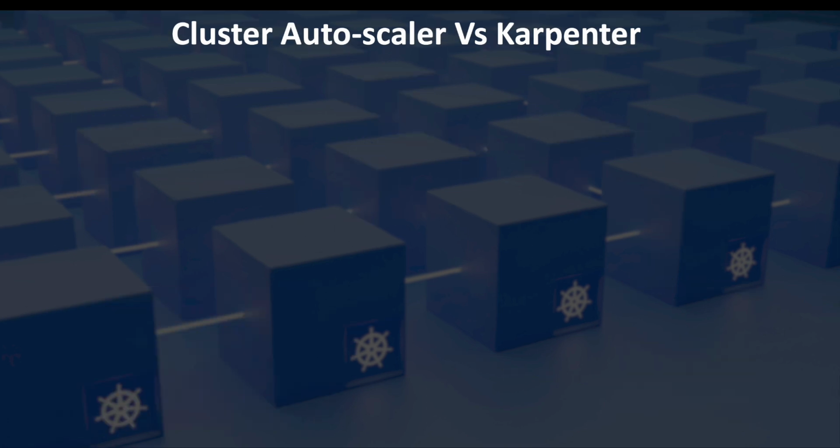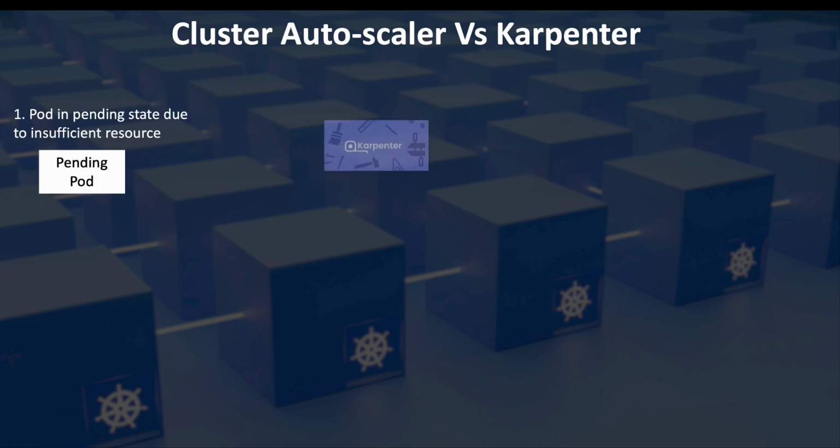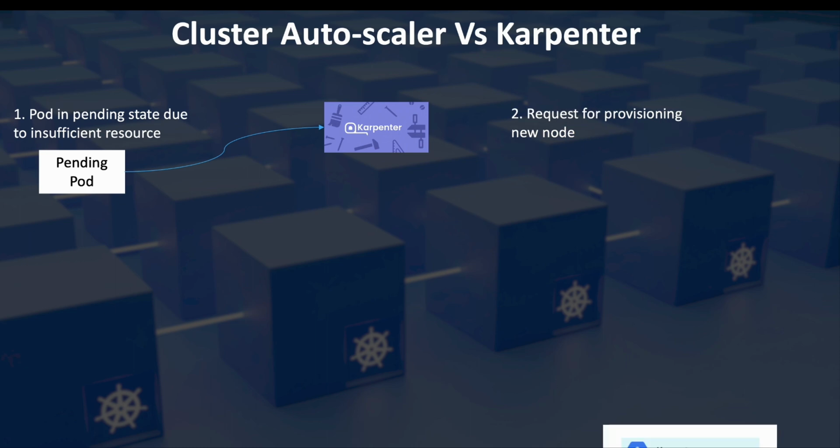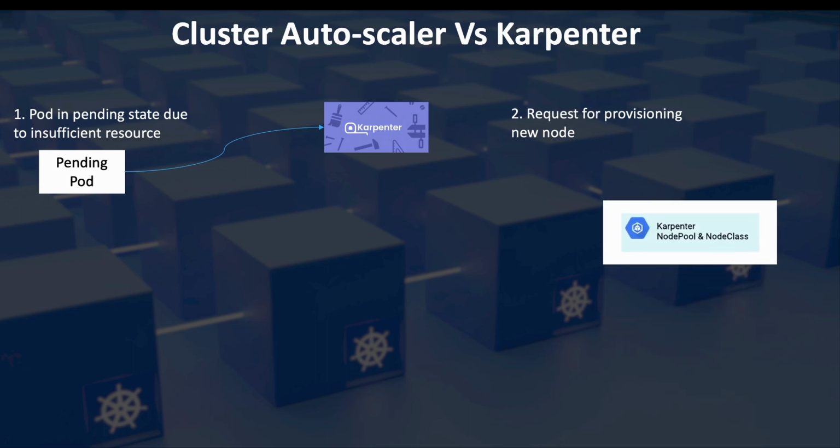But in the case of Karpenter, it again starts with the same pod in pending status. Karpenter will identify that there is a pod which is pending. It will analyze the resource request, and it will ask the Karpenter node pool and node class.